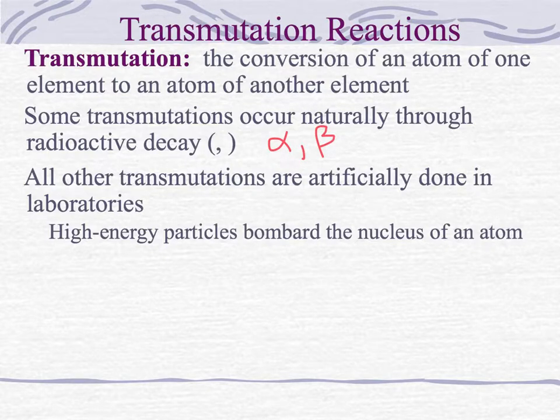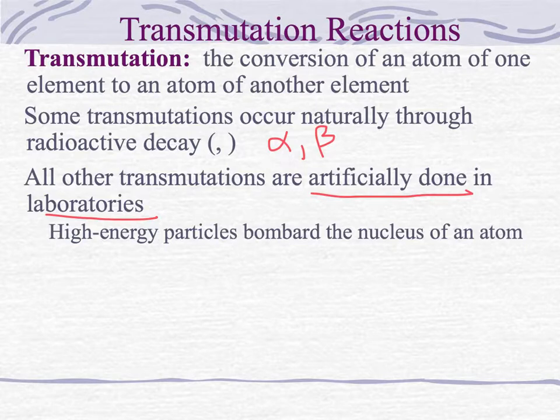The majority of these transmutation reactions are actually artificially done in laboratories. In other words, they are man-made. If you look at the 2 rows at the bottom of your periodic table, the majority of those are man-made. They were discovered in labs.